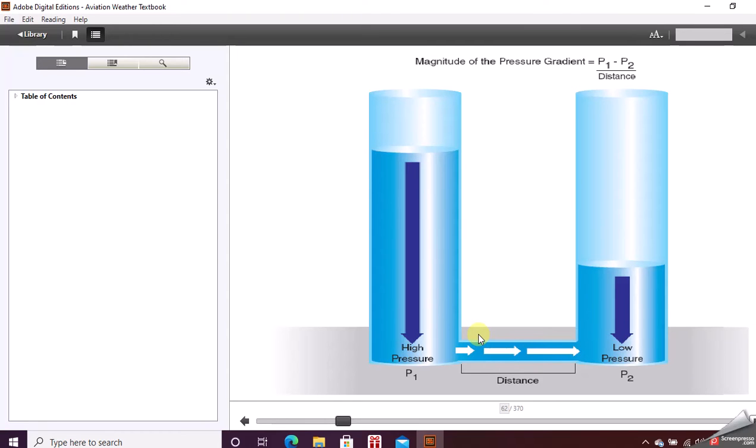So the lines that you see on a weather map, the closer they are together, the closer those isobars are together, the more pressure gradient force there is, the better chance the wind's going to be stronger. Oh yeah, in the vertical, I talked about that. It changes very, very fast. So you have a tremendous pressure gradient in the vertical.